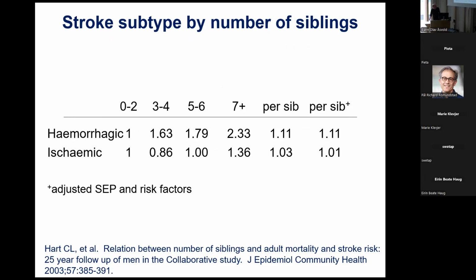Again, the more siblings you had, the higher the risk of hemorrhagic stroke, but that's not seen for ischemic stroke. The other condition that shows the same sibling association is stomach cancer, and it also shows the same childhood social class effects. It's childhood rather than current social class that influenced the risk of cancer of the body of the stomach.